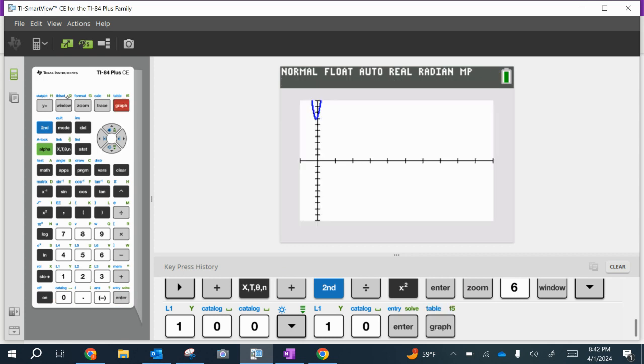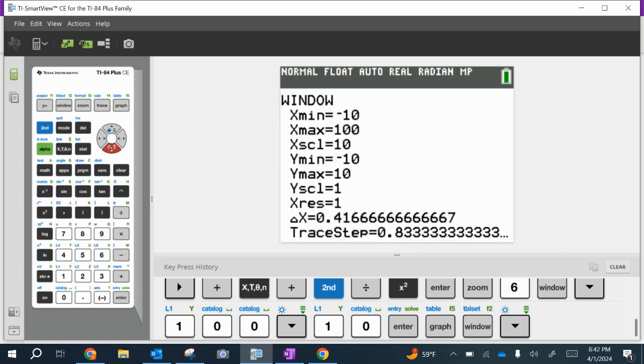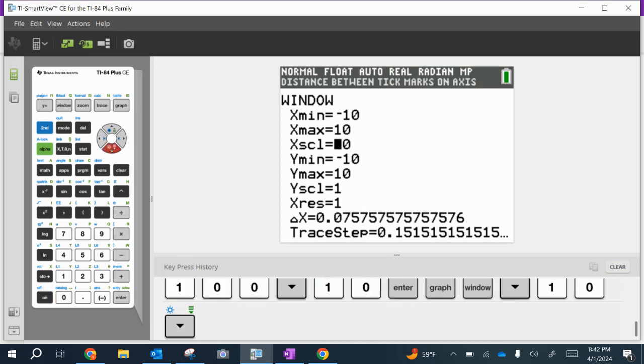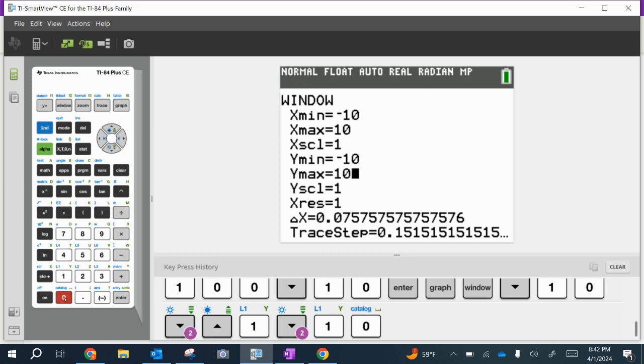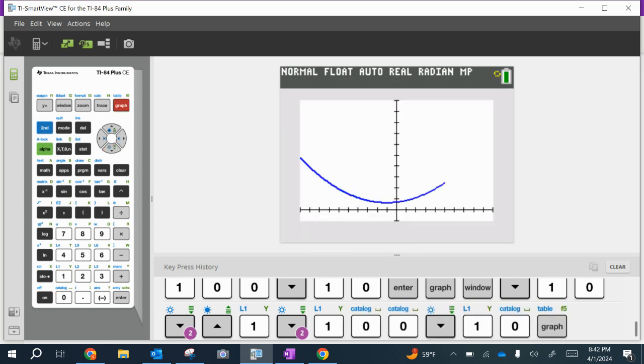Oops, I changed the wrong one. I want to change the y's. Count by 1 here. Change the y's from -10 to 100. Count by tens. Now I graph it. There we go. Again, what I'm seeing is that this is always positive.